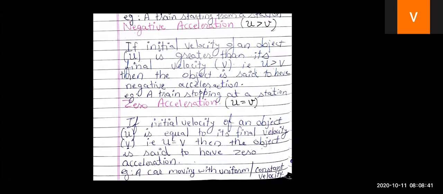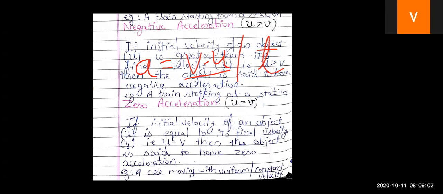We know a is v minus u by t. Now if v and u are the same, suppose v is also 30 kilometers per hour and u is also 30 kilometers per hour, then 30 minus 30 is 0.